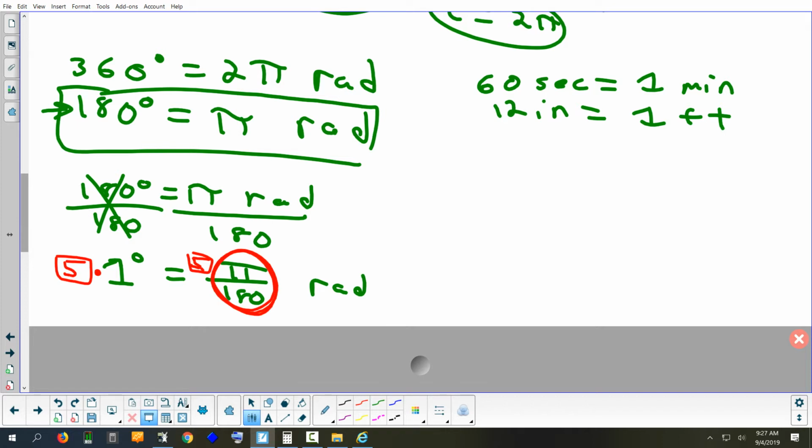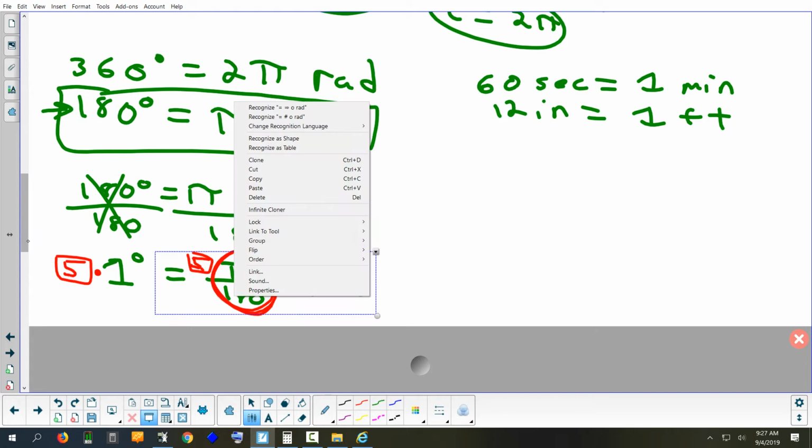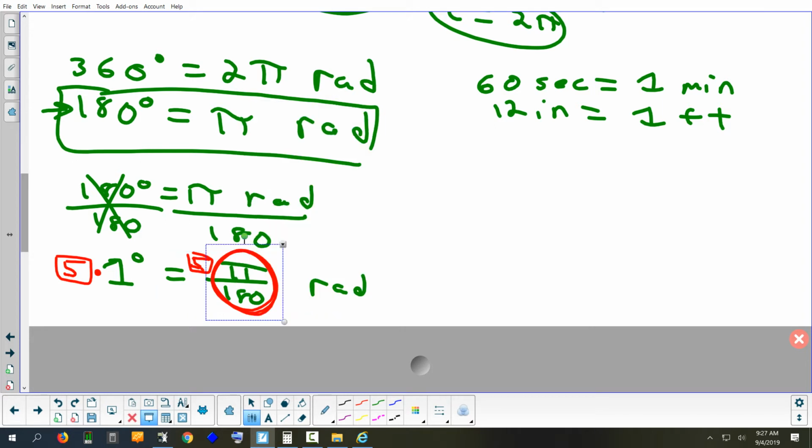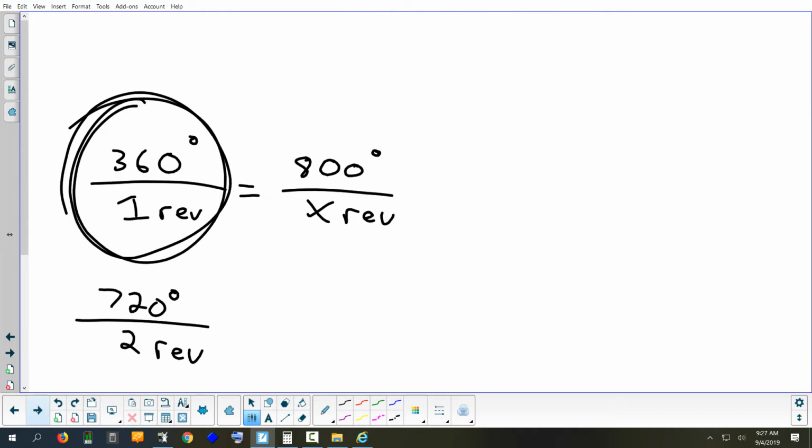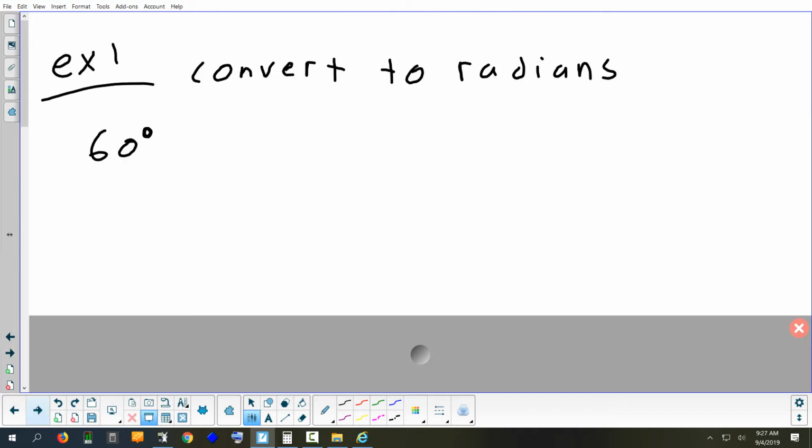The key is this right here. No matter what amount of degrees you want to convert to radians, you always take the degrees, multiply by pi, because pi is in the top, and divide by 180. Those are the 2 steps. Times pi divided by 180. Whatever you want to convert: 5 times pi, 2 times pi, 7 times pi, 60 times pi.